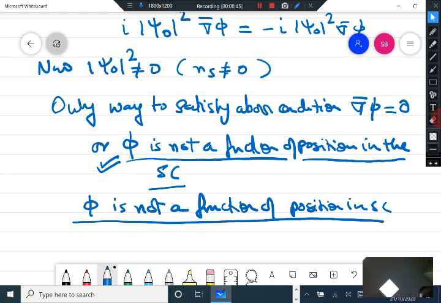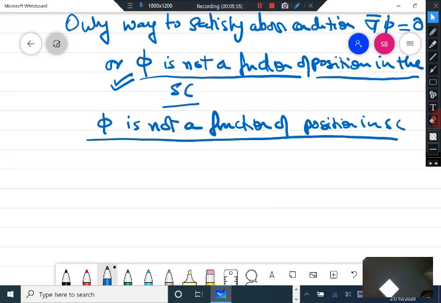This we have derived for this case. Okay. Now with this in place, let us go further and look at your first GL equation.